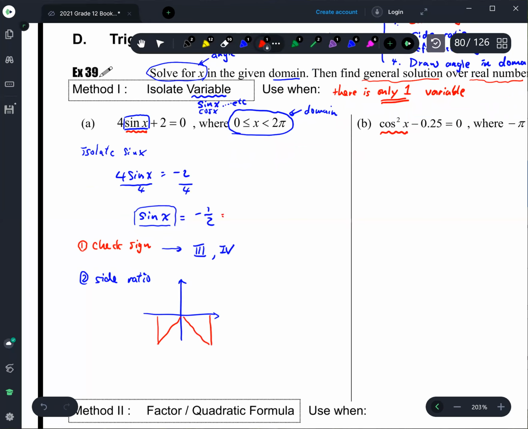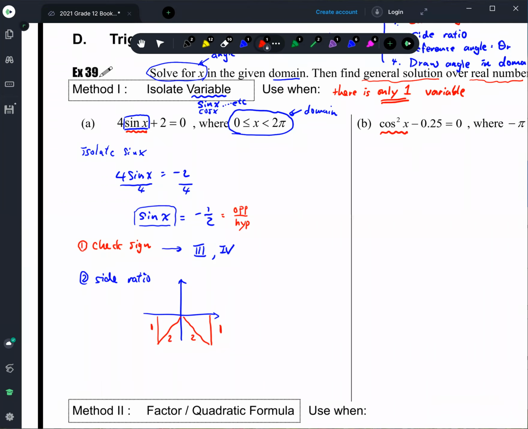The sides, because we are doing sine, sine is opposite over hypotenuse. So our opposite side is 1, hypotenuse is 2. We're still missing the adjacent side. We already know 2 of them, 1 and 2. How long is the adjacent?